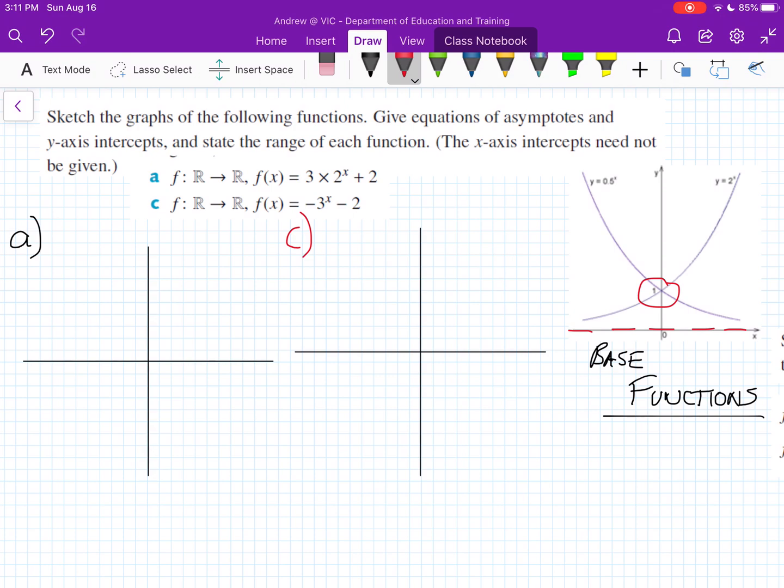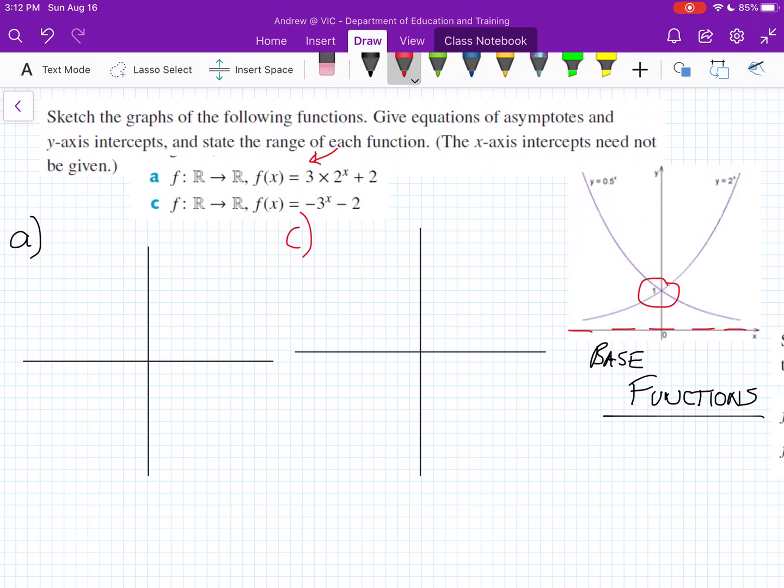So we've got these couple of functions here and we'll look at the first. Firstly, this 3 at the front is how much it actually multiplies the whole function by. So this actually means that instead of going through 0, 1, it would go through 0, 3.